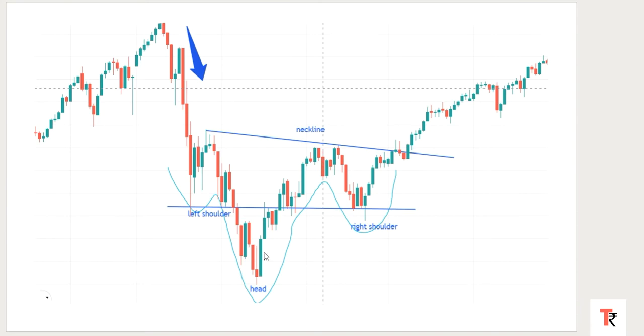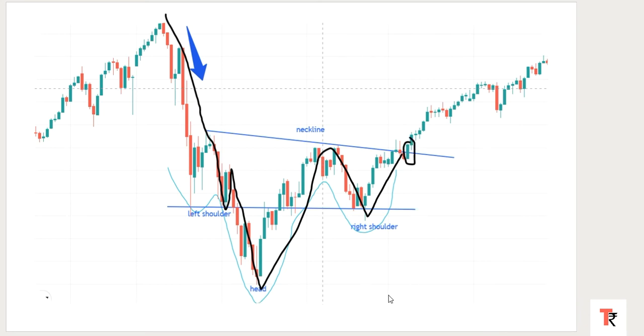You can find here the price dropping, and it again moved up, then broke, and then again it went up, it broke, and after that you can find a good candle break.